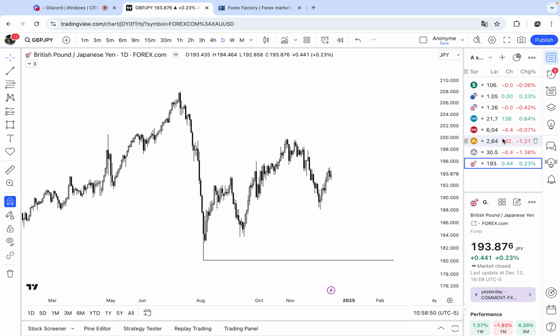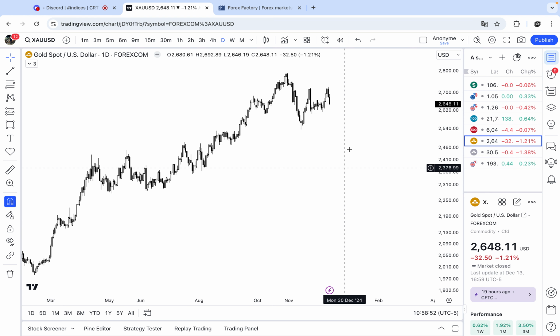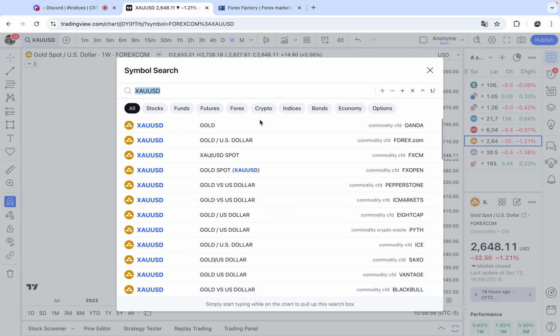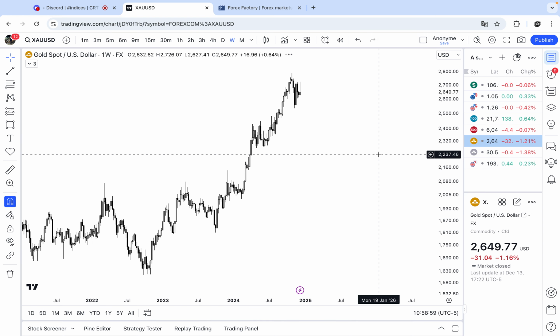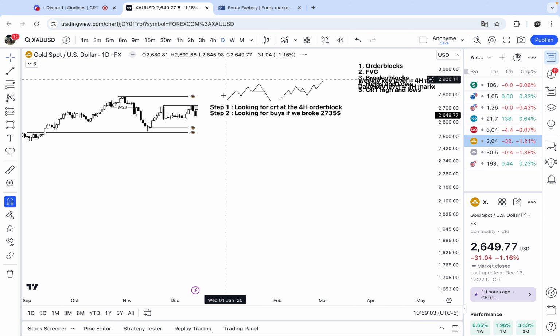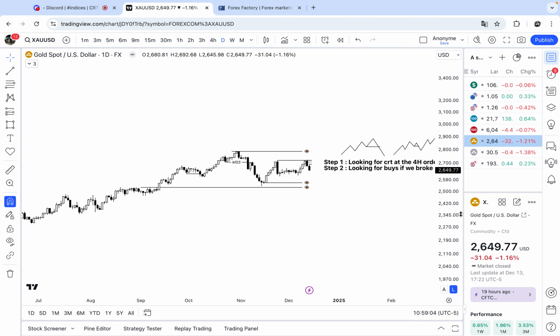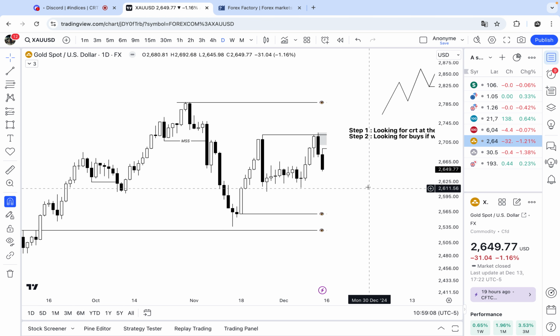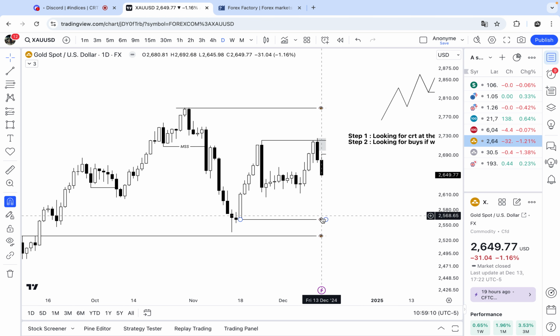So in this case, look how close the weekly key levels are to the price.